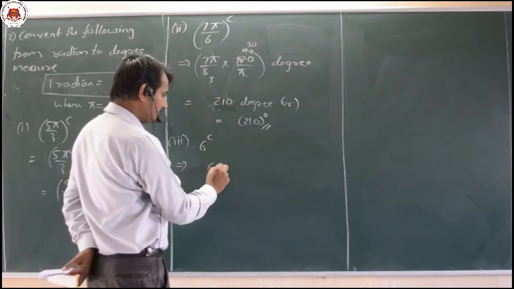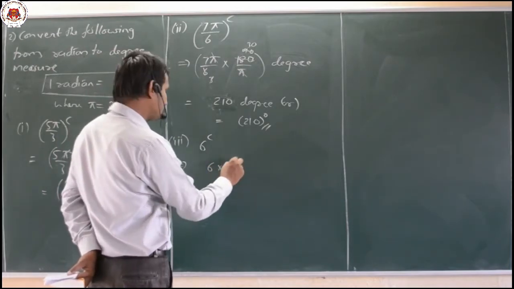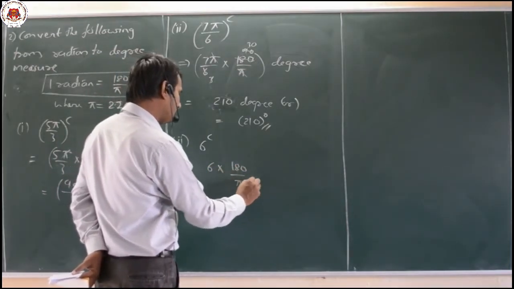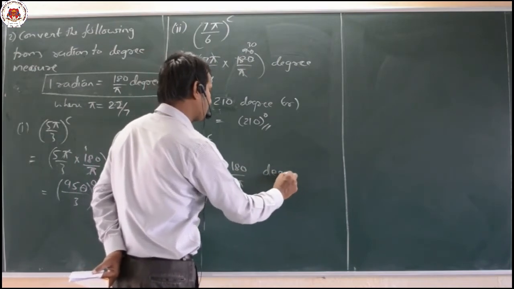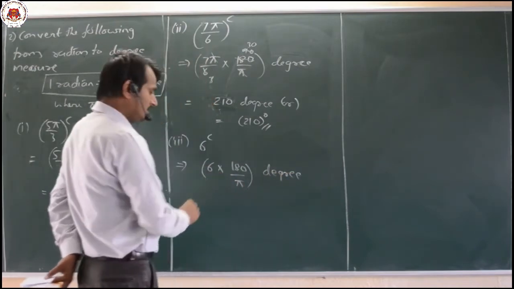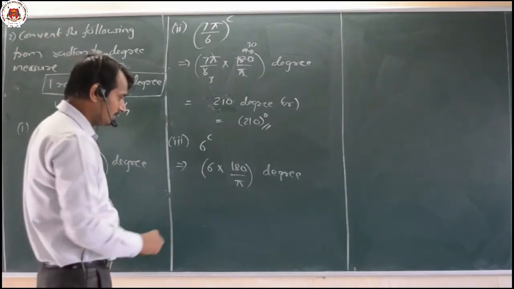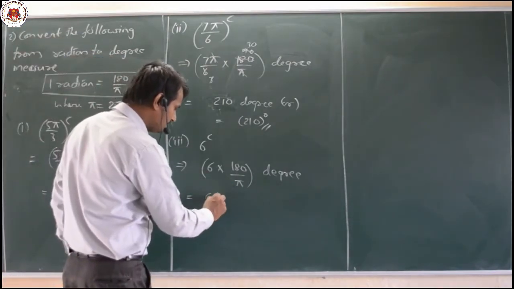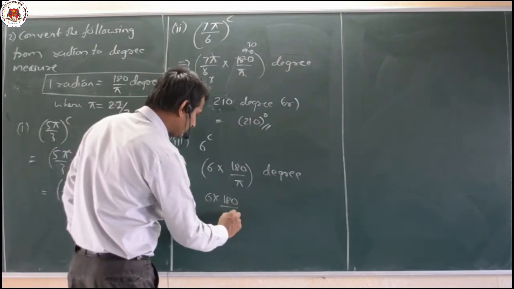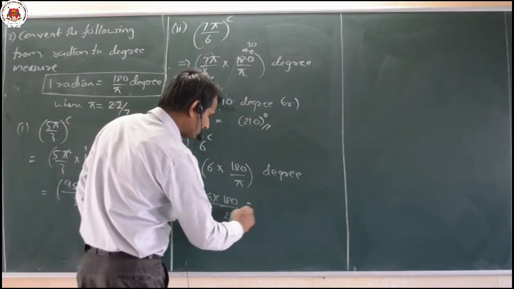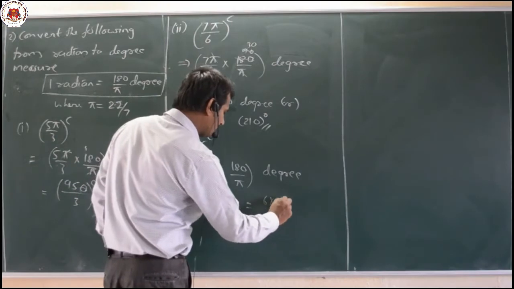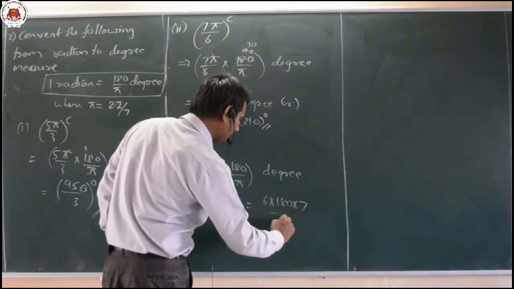So therefore 6 radians is equal to 6 into 180 divided by pi degrees. But here we have to substitute the value for pi. So what we get here is 6 into 180 divided by 22 by 7, which is equal to 6 into 180 into 7 divided by 22.